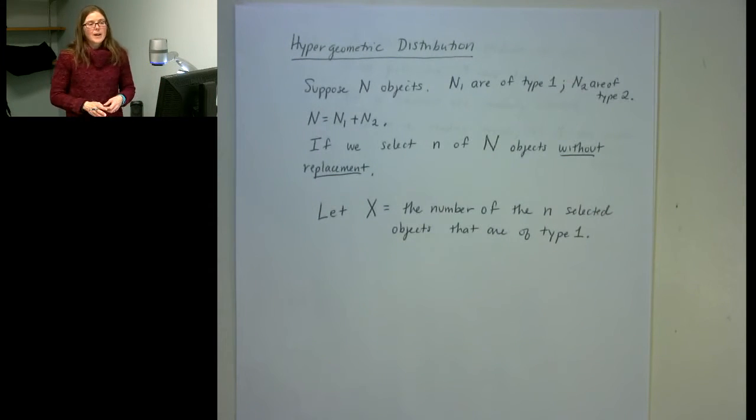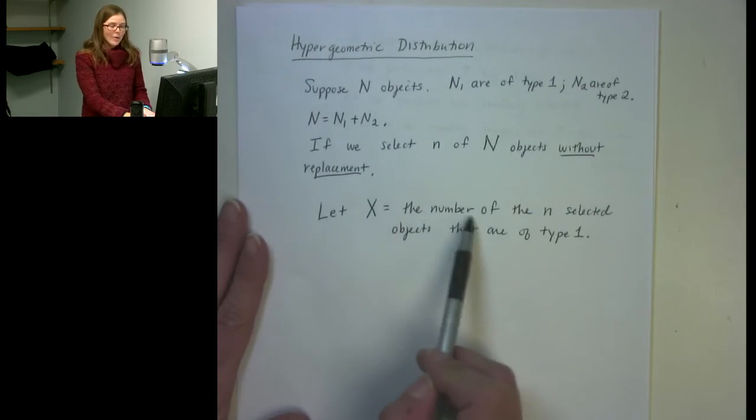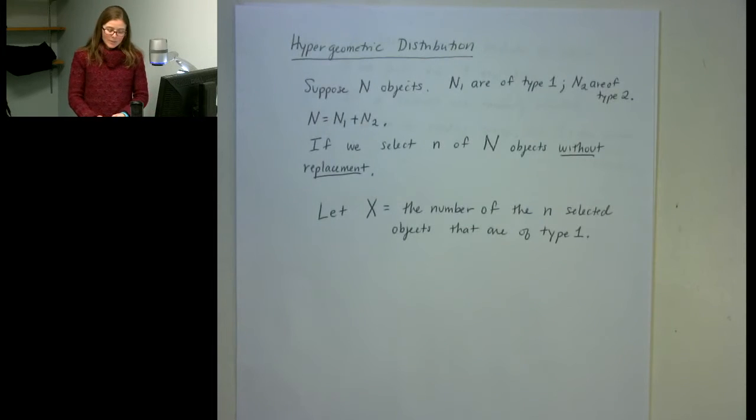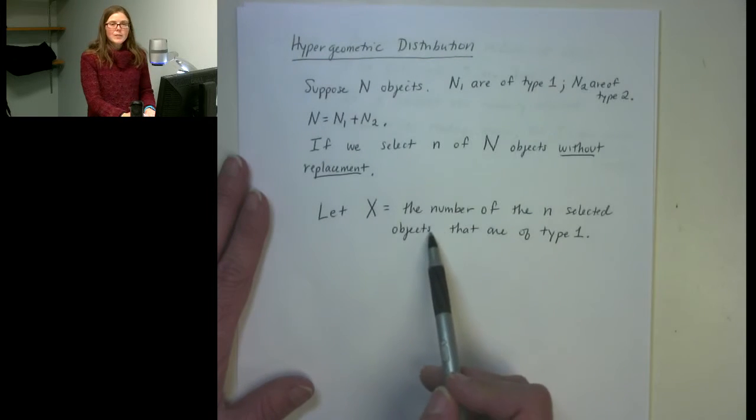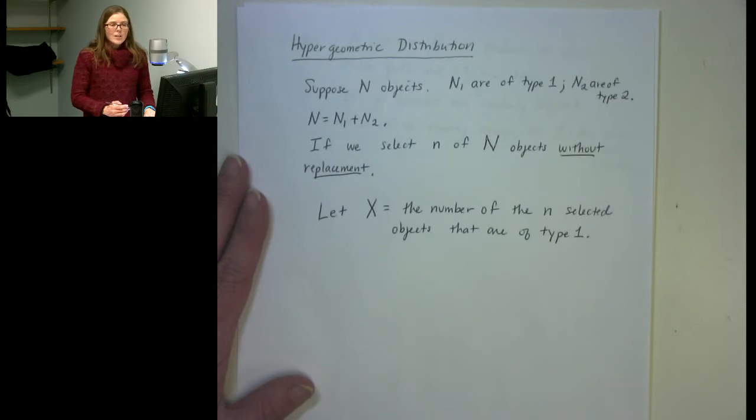Because we would be randomly selecting objects, this is random and it's a numerical outcome, so it's a random variable. It's discrete because it can only take on specific values, not an interval.